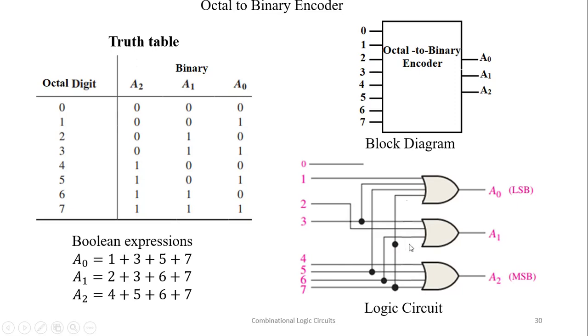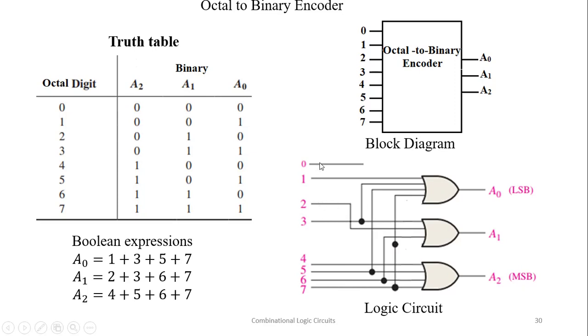A2 is active for lines 4, 5, 6 and 7, so we have a line from 4, from 5, from 6, and from 7. This is the MSB and this is the LSB. This is the implementation of the encoder.